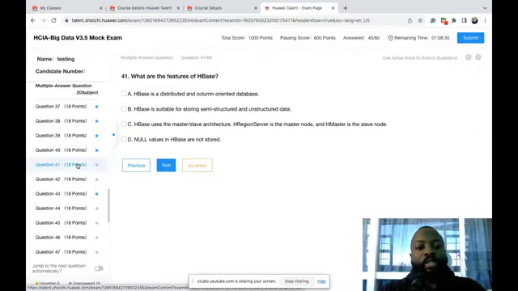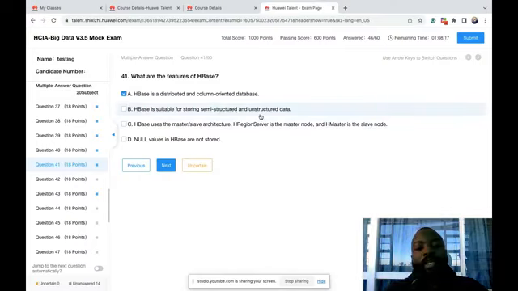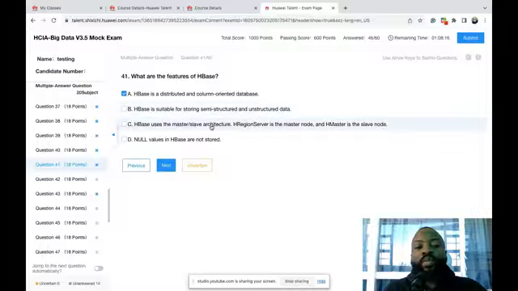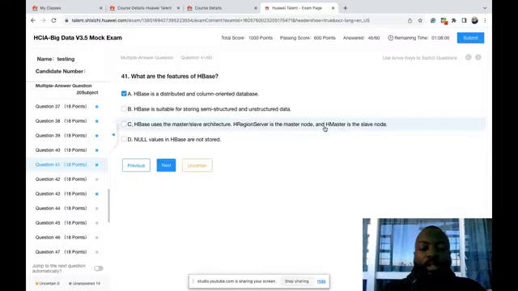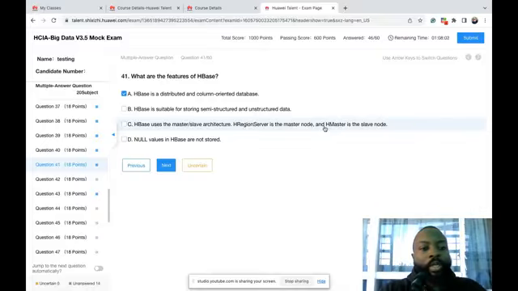Okay, what are the features of HBase? So HBase is a distributed and column-oriented database. That is true. HBase is suitable for storing semi-structured and unstructured data.